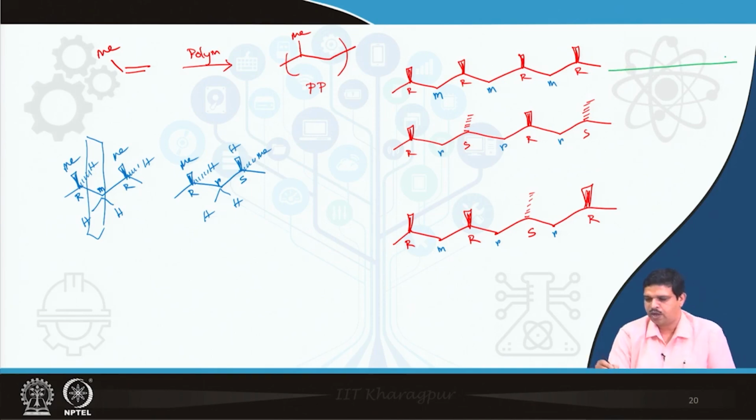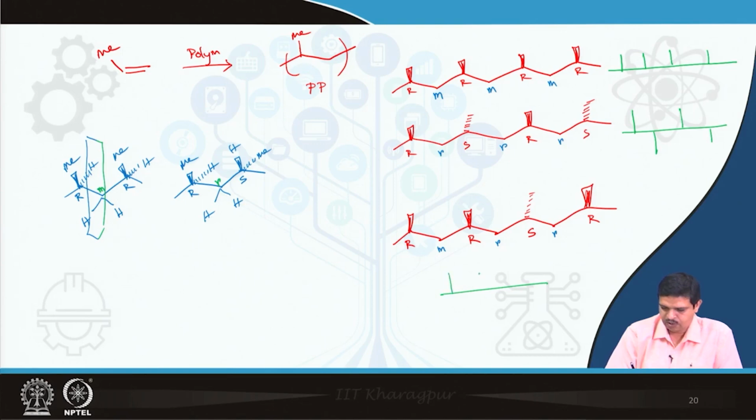If it is like this, like that, and for this one like this, and this one we write this way, this way, this way. Okay. So, this is the simple convention we follow to represent the tacticity in the polymer backbone.